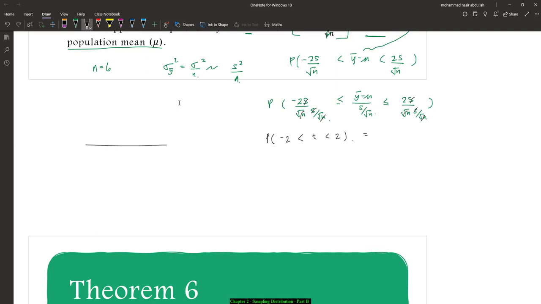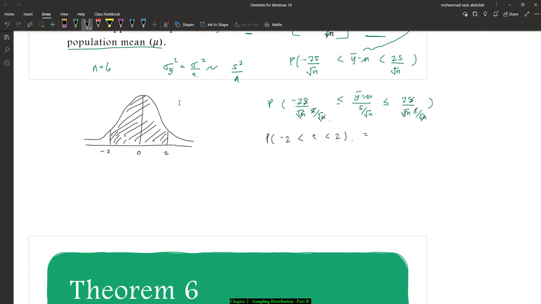So let's draw the distribution curve. This is 0, this is negative 2 and 2. So we want to find this area. What is this area? We can look in the statistical table.